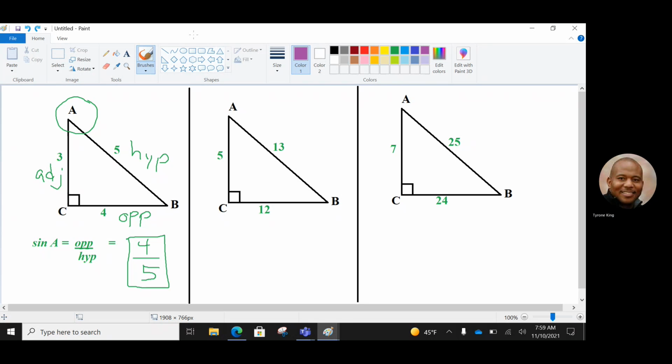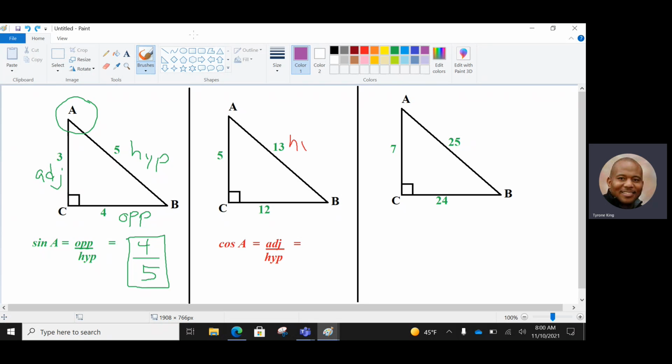Then we're going to take a look at our next problem. They want us to find the cosine of A. We know the cosine of A is adjacent over hypotenuse. We're going to figure that out after we label our sides. Everything is dealing with labeling sides in right triangle trigonometry. So we circle our reference angle, which is listed right after the abbreviation for cosine.